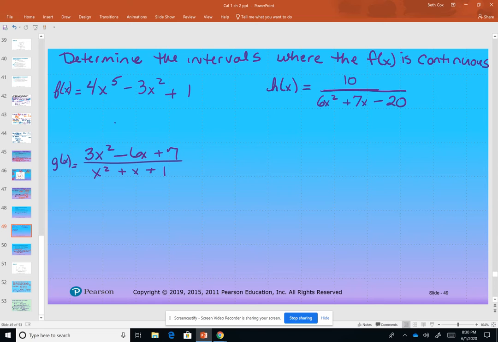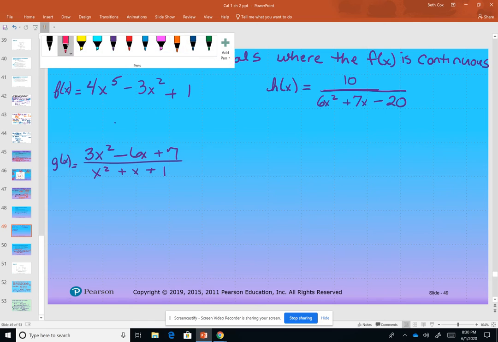All right, so determine the intervals where the function is continuous. The first one is a polynomial, and the domain of a polynomial is negative infinity to positive infinity, so it is continuous on its entire domain.